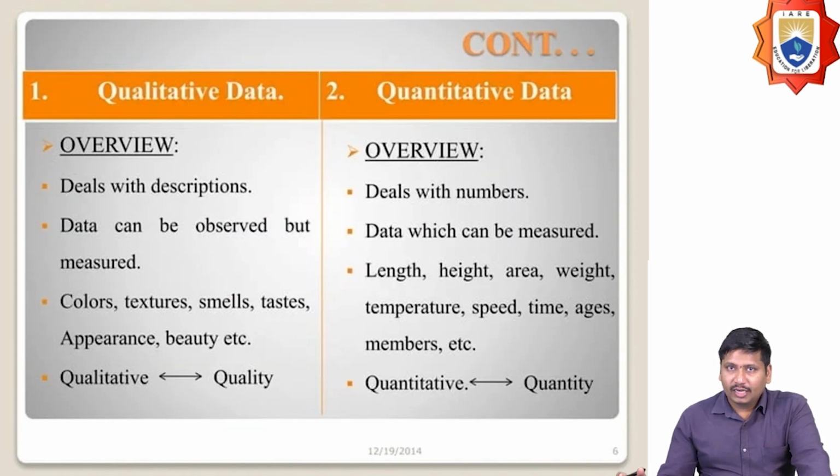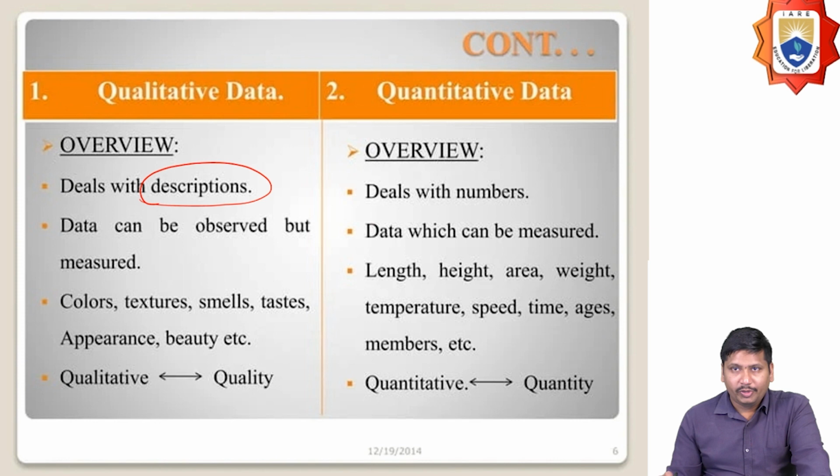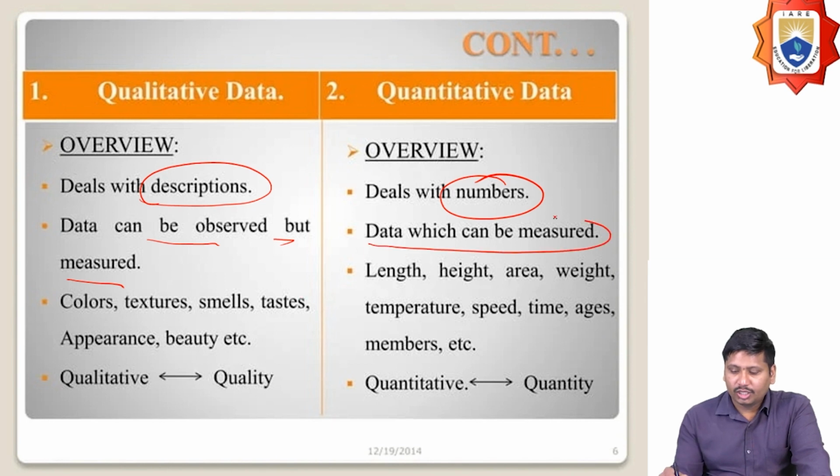Let me explain clearly the difference between qualitative and quantitative. Qualitative deals with descriptions, whereas quantitative deals with numbers. Qualitative data can be observed but not measured, whereas quantitative data can be measured.